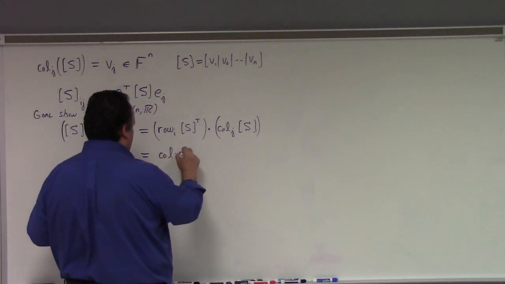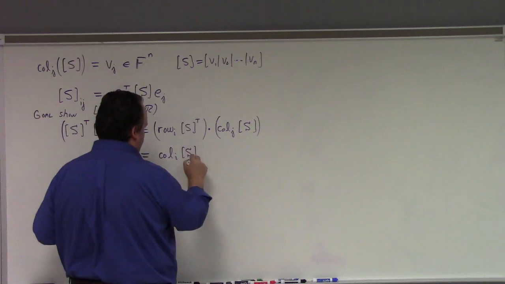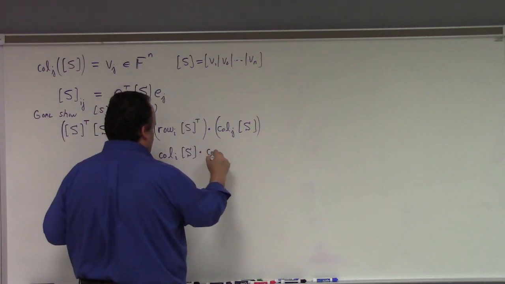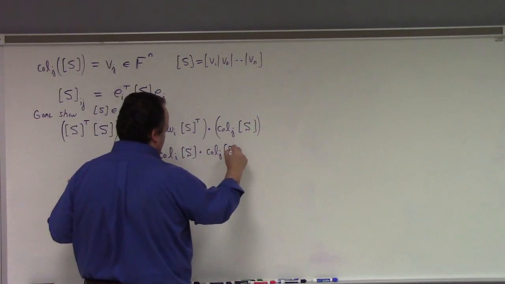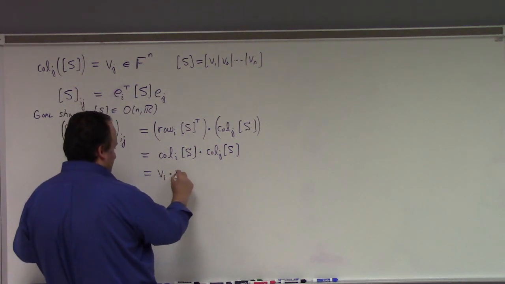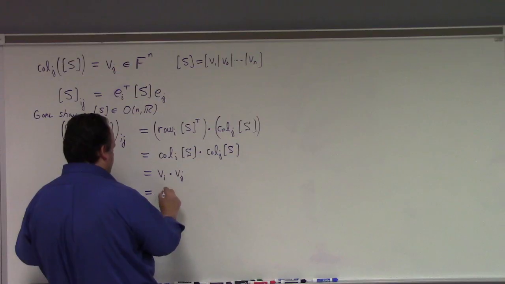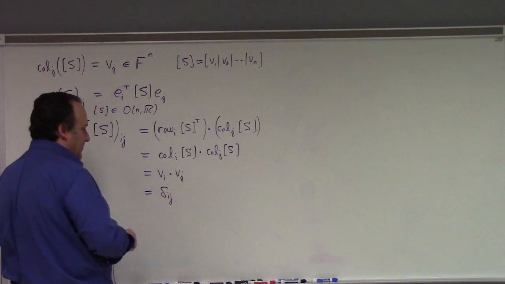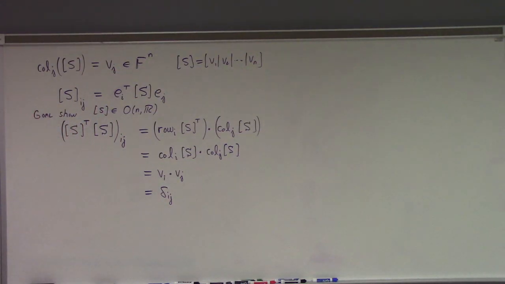So it's literally vi dot vj, which by the way is Kronecker delta ij, because we assume that we're working with an orthonormal set.